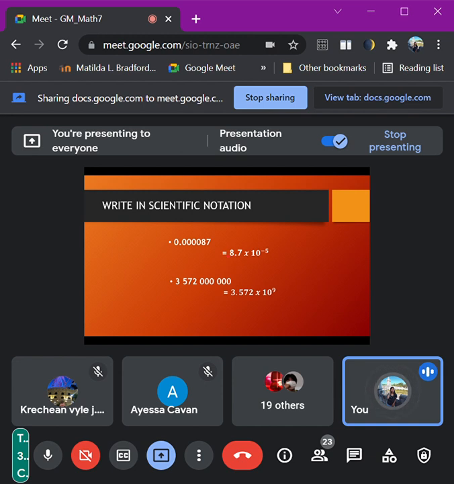Di ba, our left of the decimal is 8? So we have there 8.7, and then we're going to multiply that with powers of 10. So, times 10, and however many movements you made, that will be your exponent. Since we moved to the right, our answer is negative. Okay, understood?